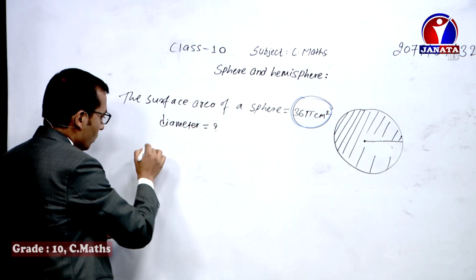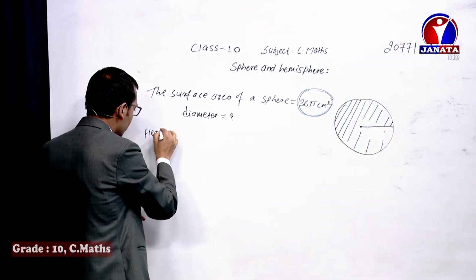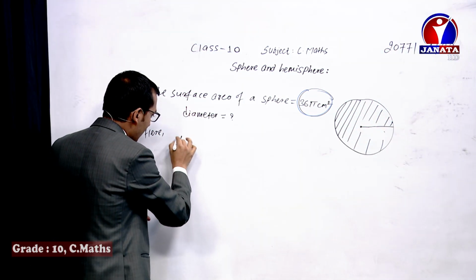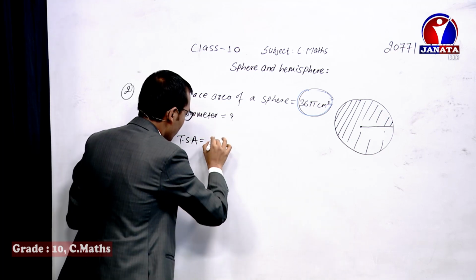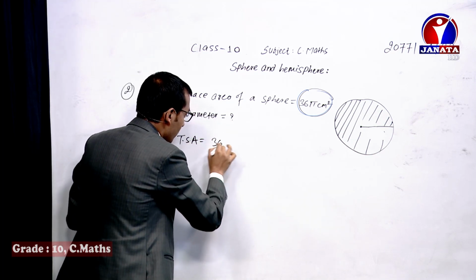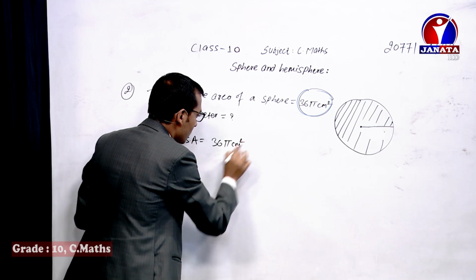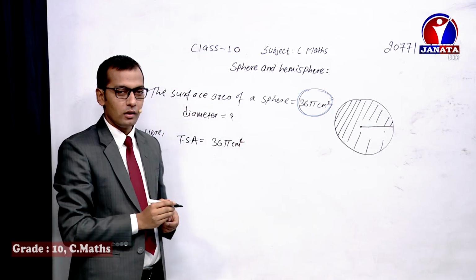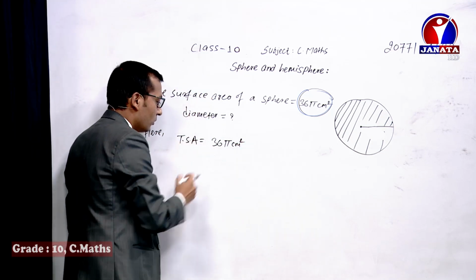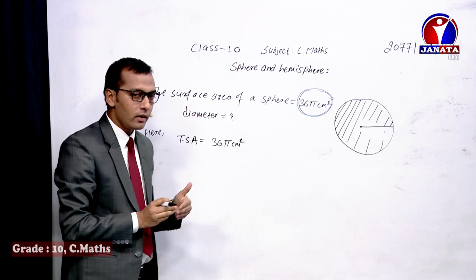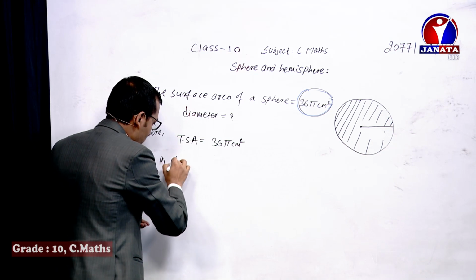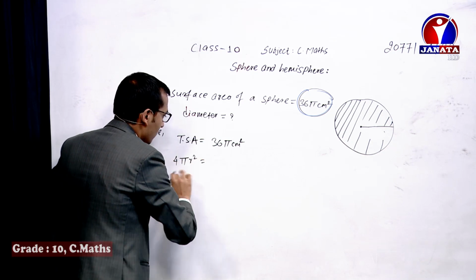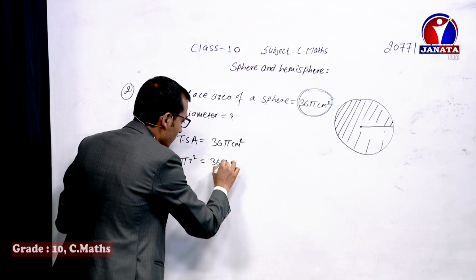So what is the given information? Total surface area of the sphere is 36 pi square centimeter. Now what is the formula to find the surface area of a sphere? It's 4 pi r square, which is equal to 36 pi.